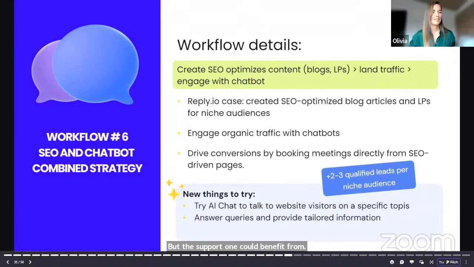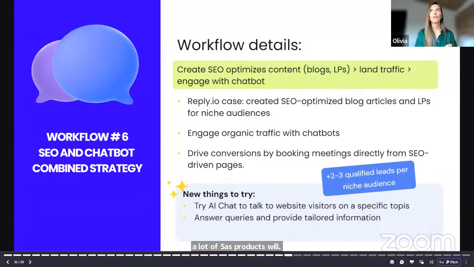Okay, the sixth one, SEO and chatbot combined strategy. Why we picked this case? Because I want to share something that we did at Reply. I believe that's not just something specific for us, but a lot of B2B SaaS products, or agencies, or whatever business you have.